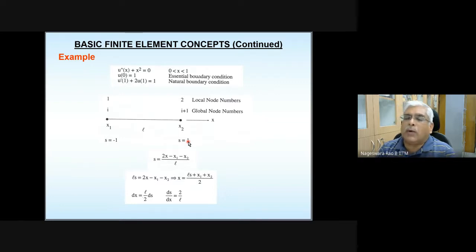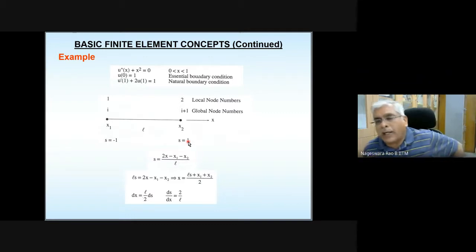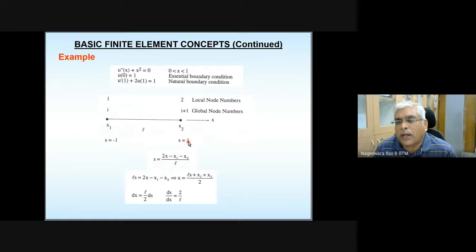What is the equation of a straight line joining 2 points x1 y1 x2 y2? Just go back and recall. If you are able to recall, it's fine. If you are not able to recall also, that's fine. Please make a note of it.